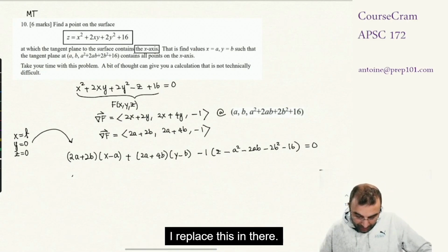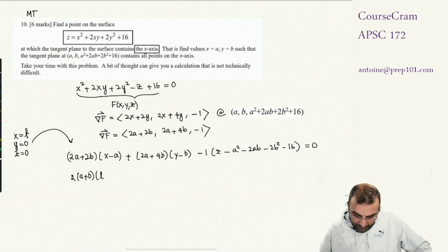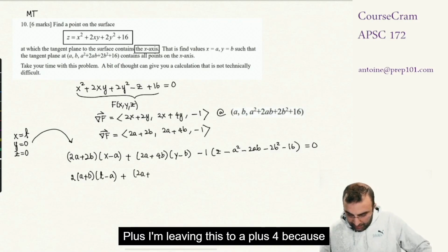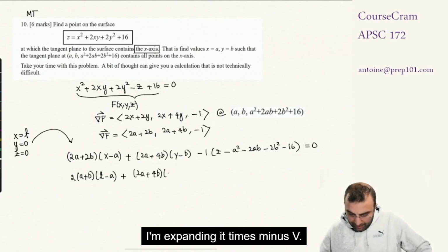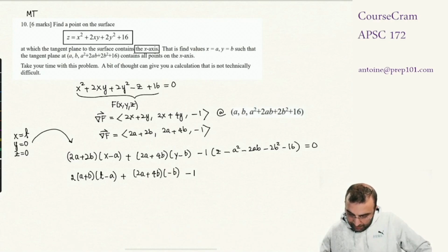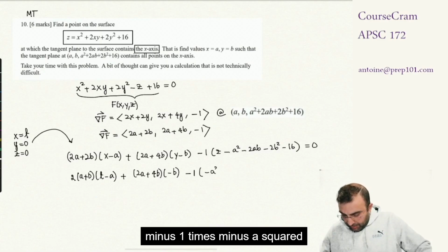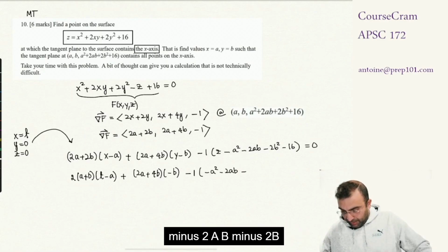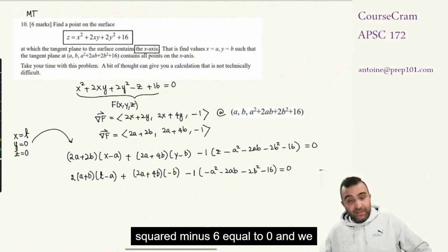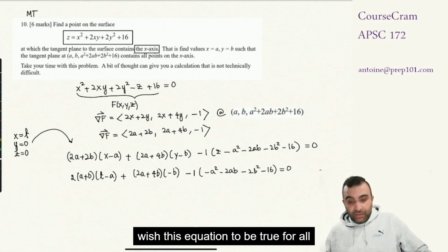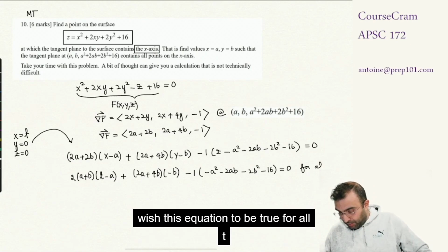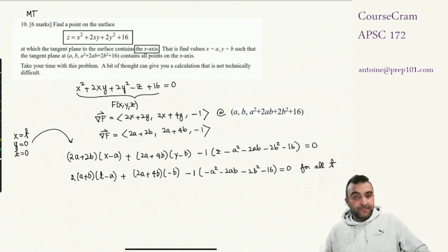So when I replace this in there, this is (2a plus 2b) times (t minus a) plus (2a plus 4b) times (minus b), minus 1 times (minus a squared minus 2ab minus 2b squared minus 16) equals 0. And we wish this equation to be true for all t.